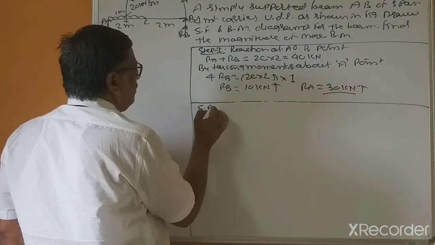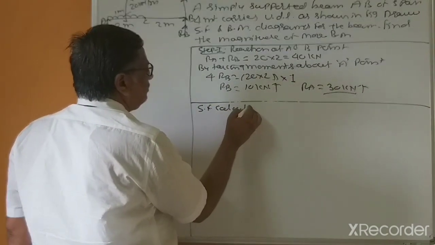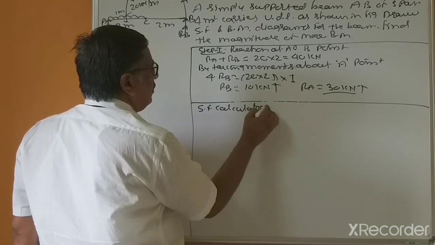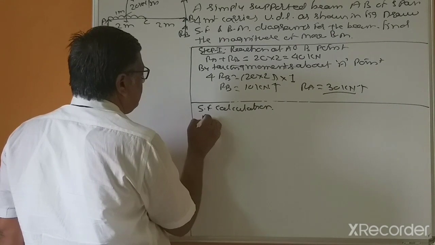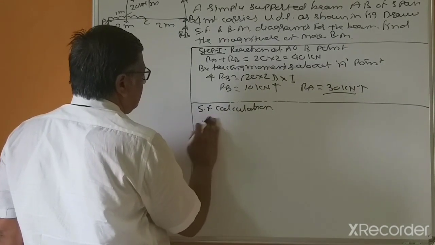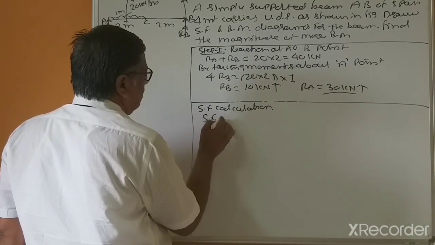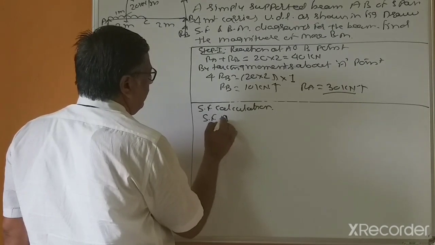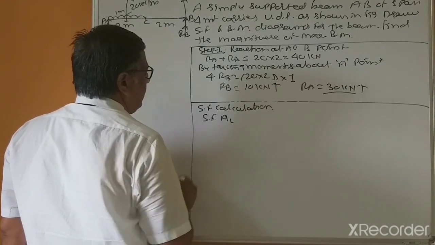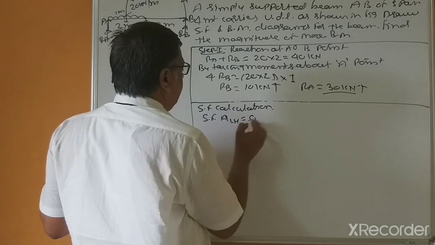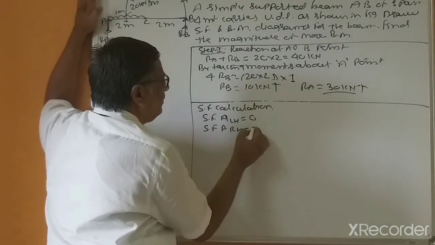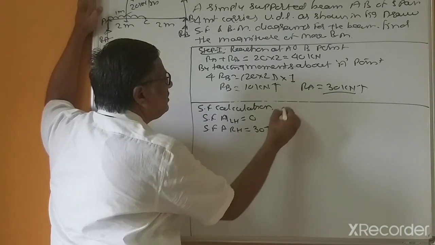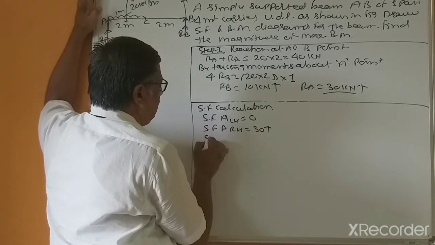Next, shear force calculation. This is the second step. So I will use the shear force at A. This is left hand 0. Shear force RA equal to 30 upwards, that's why this is positive.